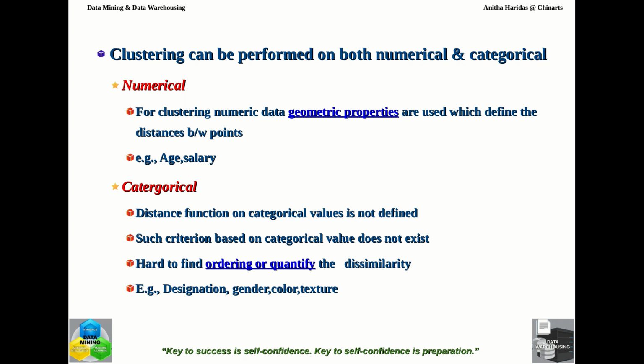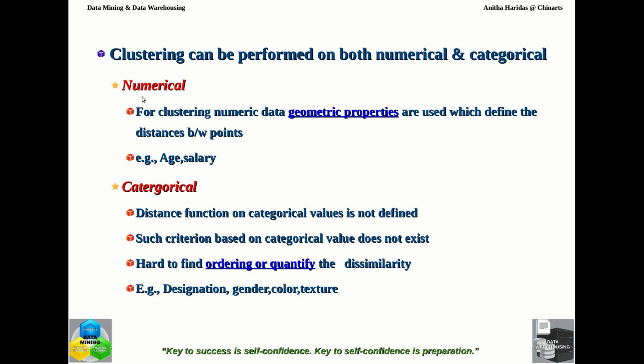If you have this kind of categorical data, obviously there is no ordering for it. And since you don't have ordering for the categorical data, quantifying, meaning giving some numerical value to these attributes, is very, very difficult. So this is the categorical and numerical data on which the clustering can be performed.